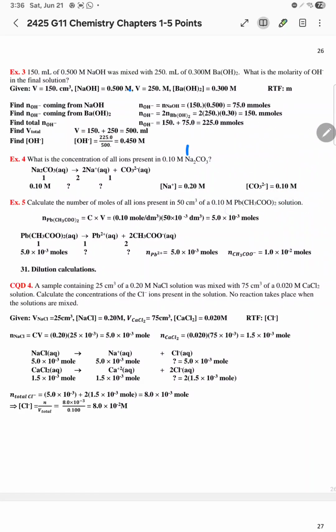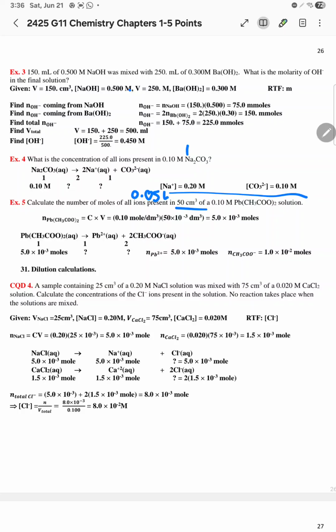See? 0.20 and 0.10. Calculate the number of moles of all ions present in 50 centimeter cubed, so 0.05 liters, of 0.1 molar Pb(CH3COO)2 solution.